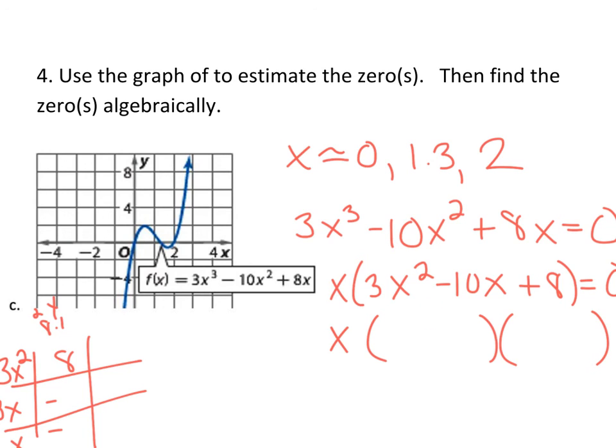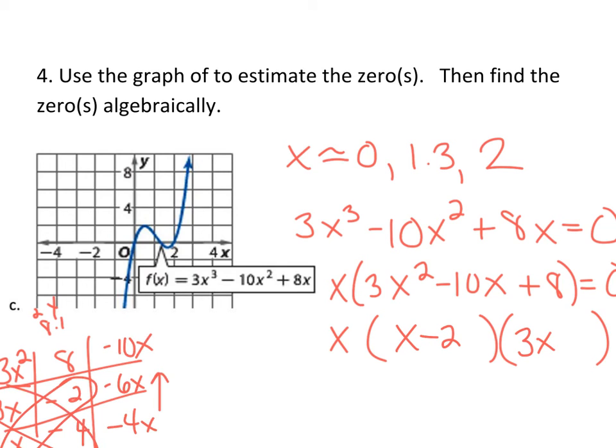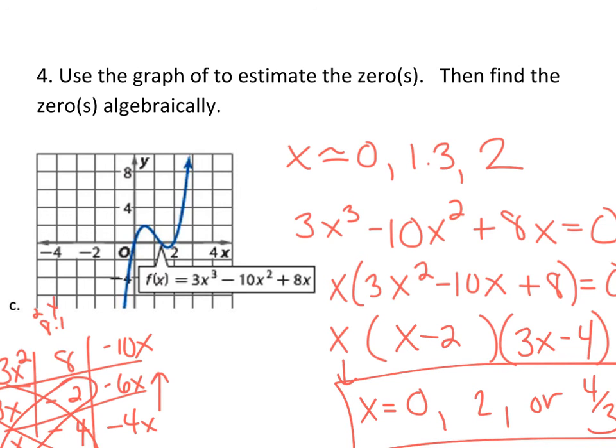I'm going to put the 2 here and the 4 here, multiply across, gives me negative 6x. Negative 4x, I sum, and yay, it adds to negative 10x. So my one factor is x minus 2, and my second factor is 3x minus 4. Now I apply the zero product property, and I get x equals 0, 2, or 4/3 for my algebraic 3 zeros of my function.